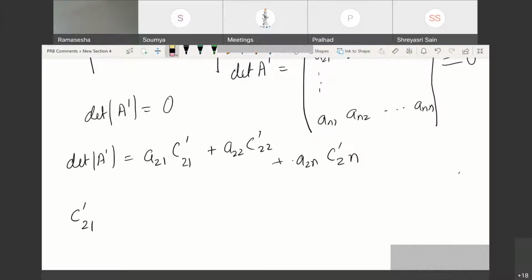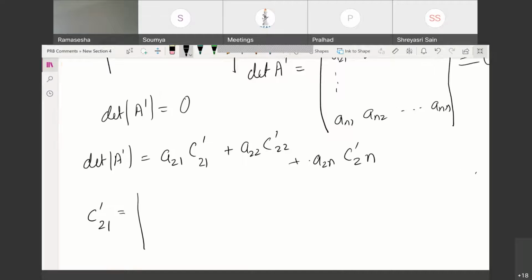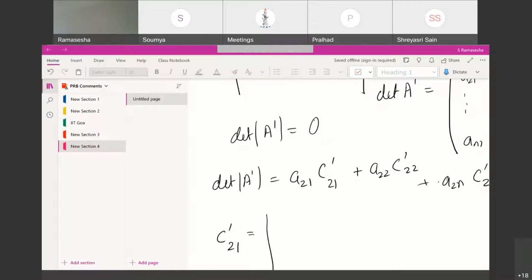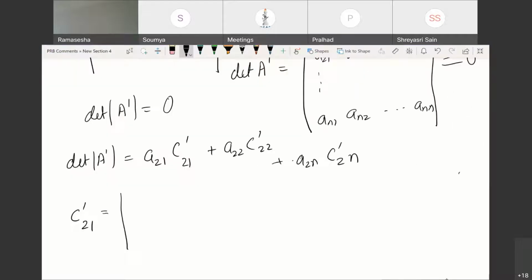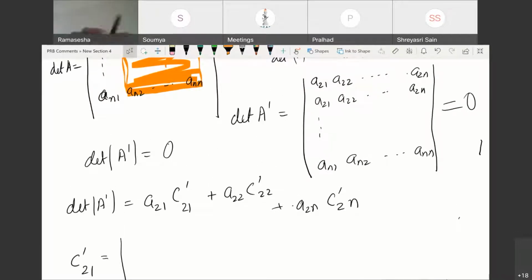So what is C2 prime 1? C2 prime 1, I can write it in the following way. This is equal to, look at the determinant. Let me pull it down. Okay, what is C2 prime 1?